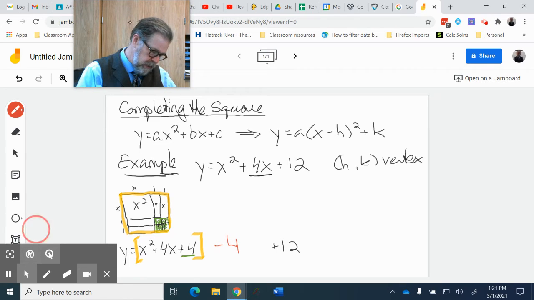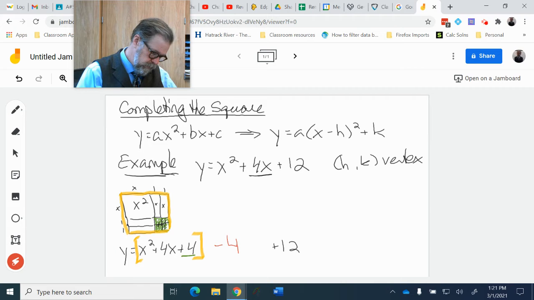Notice that my equation is still x squared plus 4x plus 12, because these two things cancel each other out.